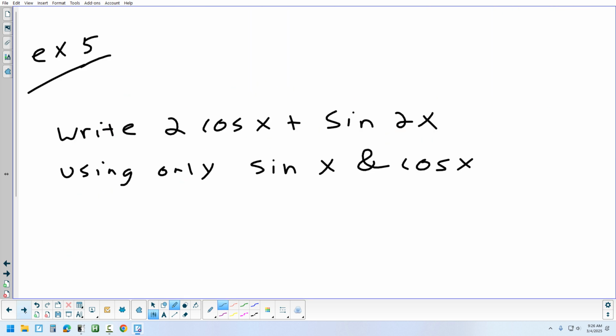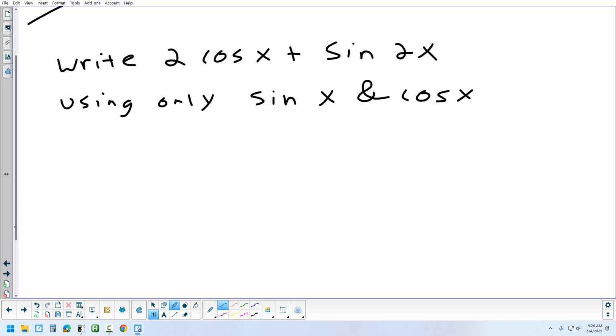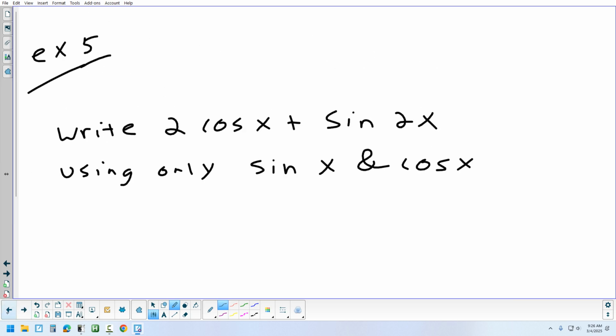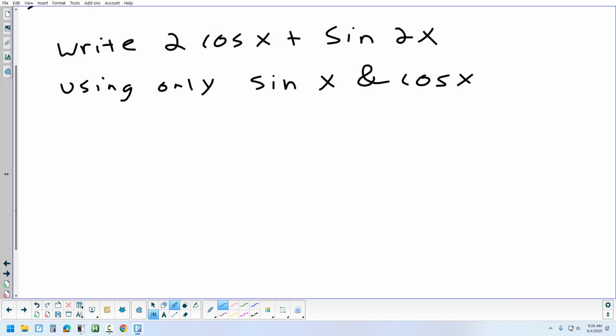And more importantly, we can use it to simplify something like this. Rewrite that in terms of sines and cosines. Is there any part of that where the argument is okay, meaning it's not complicated because the argument is just a single letter by itself?